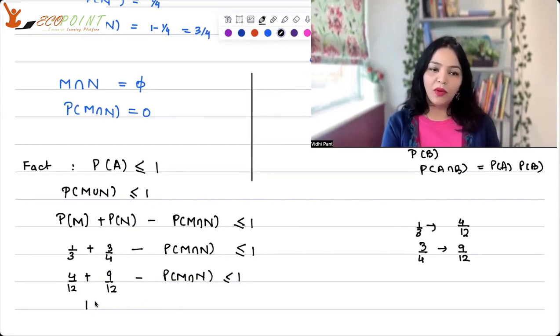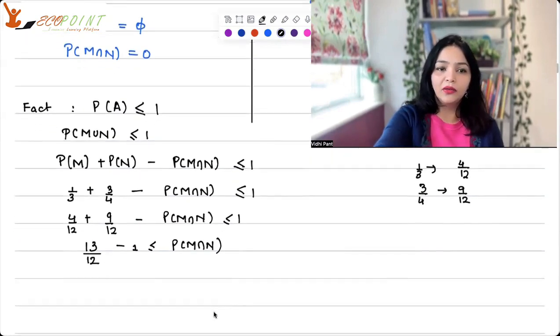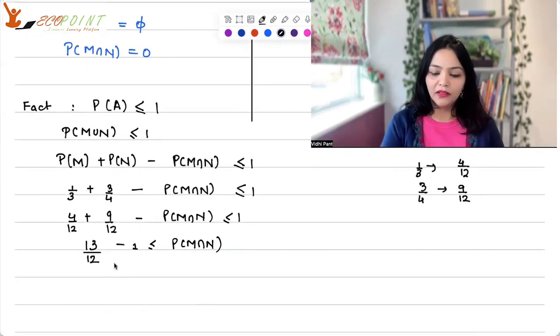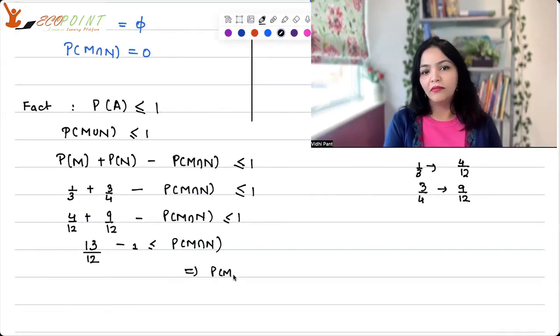So that means 13 upon 12 minus 1 should be less than or equal to probability M intersection N. In other words, what do you get from here? You get that probability M intersection N has to be greater than or equal to 1 upon 12.